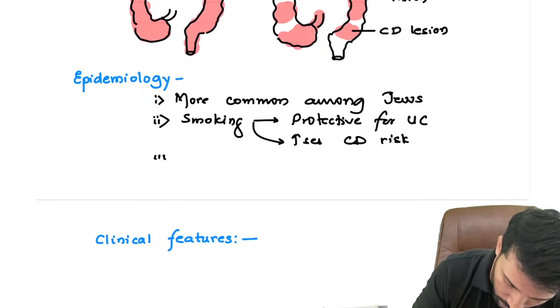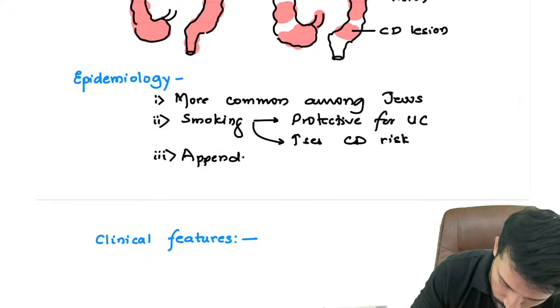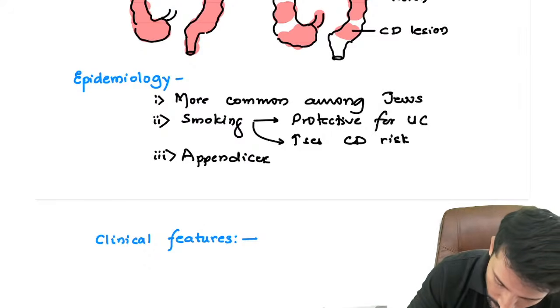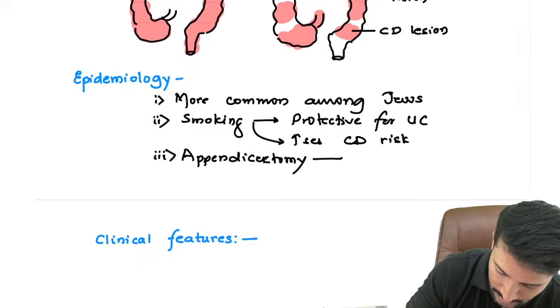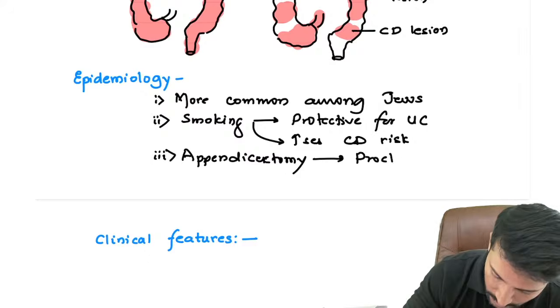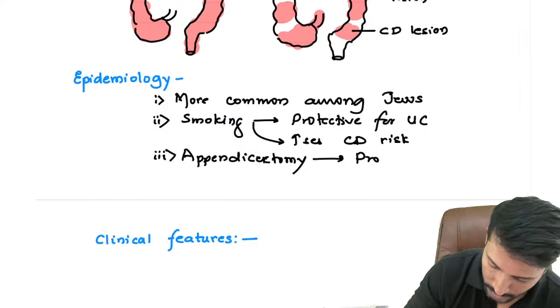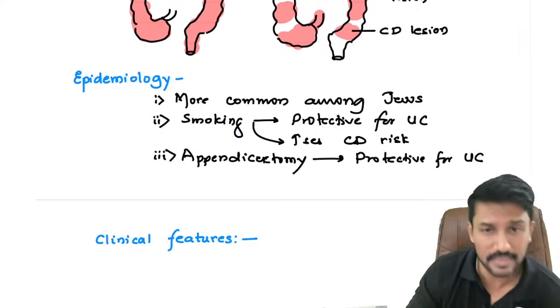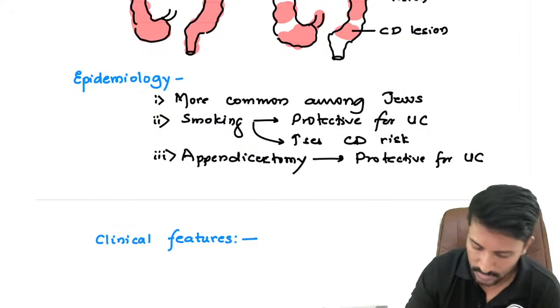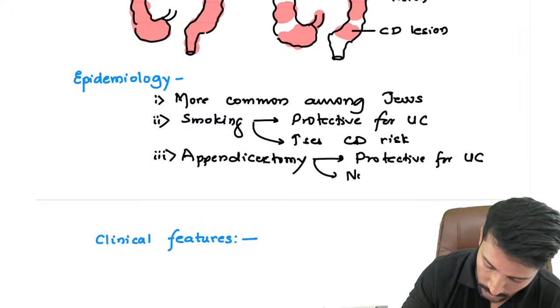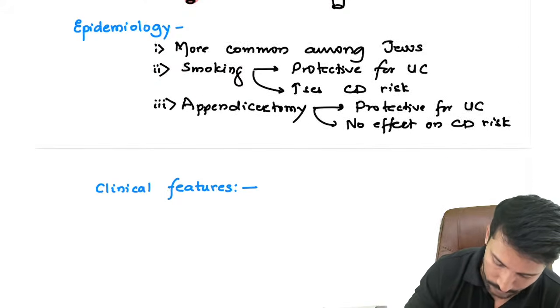Okay. Then third thing that I want you to write is appendicectomy. Appendicectomy protects against ulcerative colitis. So basically there is some or the other thing protecting against ulcerative colitis. There is nothing protecting you from Crohn's disease, right? No effect on Crohn's disease risk. Okay.